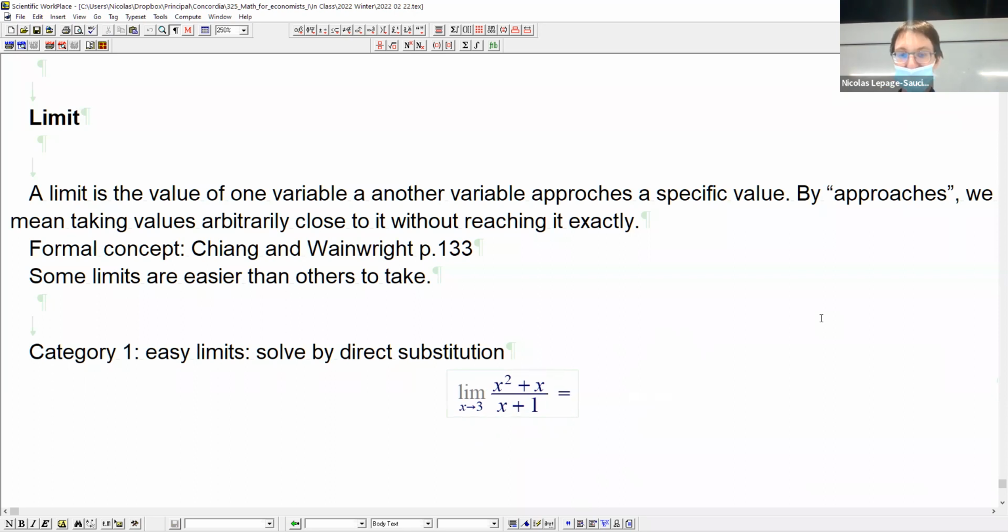So that would equal 3 cubed plus 3 divided by 3 plus 1, and that would be equal to 3. So that's an easy one because you don't have weird things happening, and you don't have problems at the exact value where we take the limit. So 3 is not a problematic case. But of course, problems may arise later.